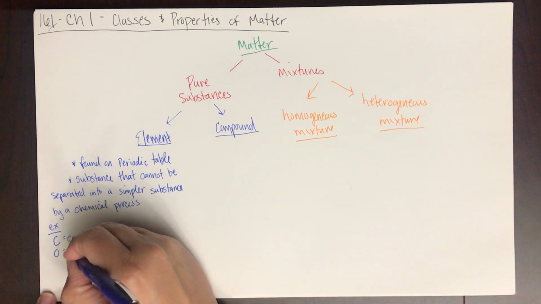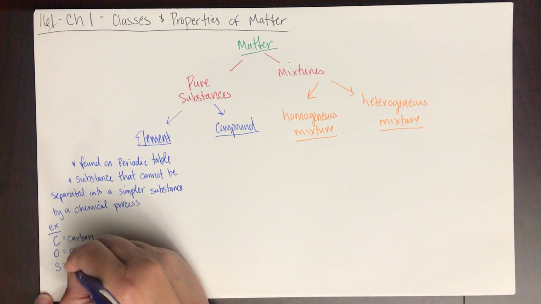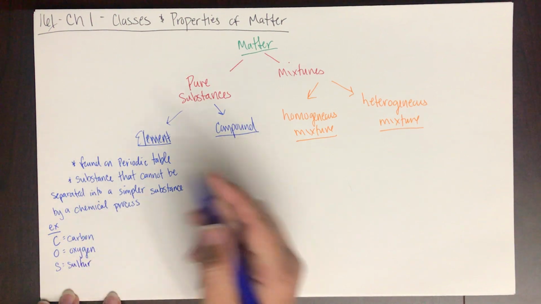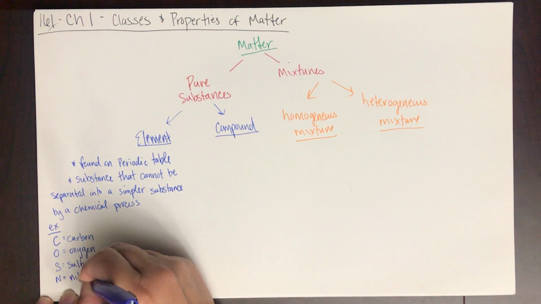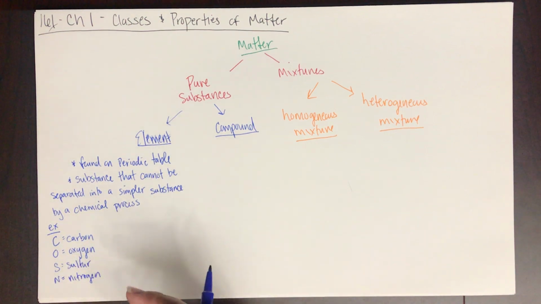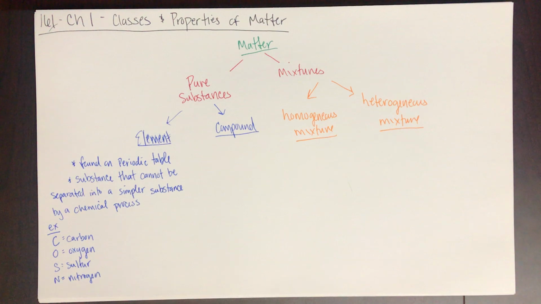There's oxygen, there's sulfur, there's nitrogen. There are many elements, and we're going to talk about a lot of them and what makes each of them different later on. But that's what an element is, and an element is a pure substance.